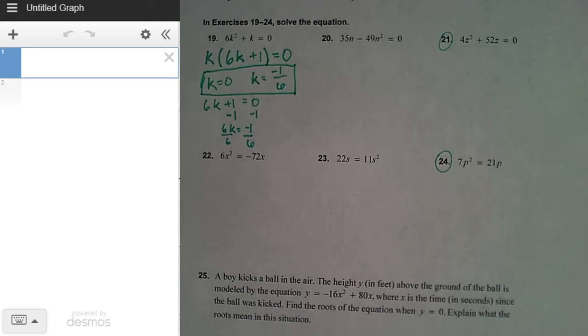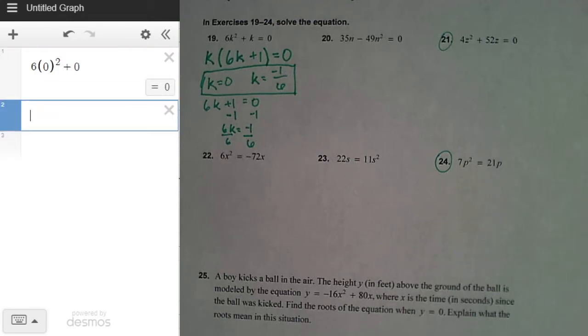So we could plug that back into an equation. We could be looking at our original. So if you wanted, we could just plug in those two answers and see, does that equal 0? So if we're saying 6 times 0 squared plus 0, that equals 0.